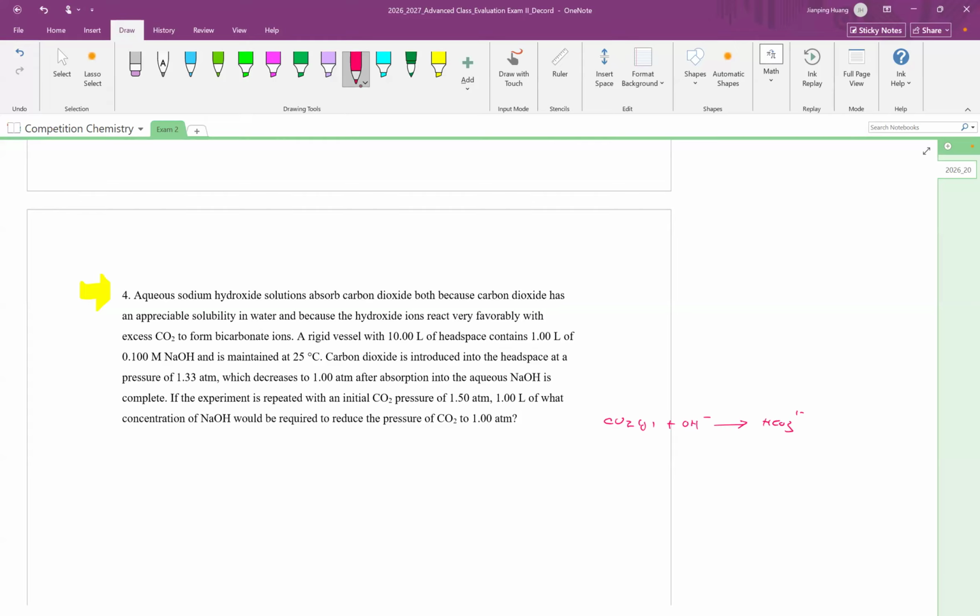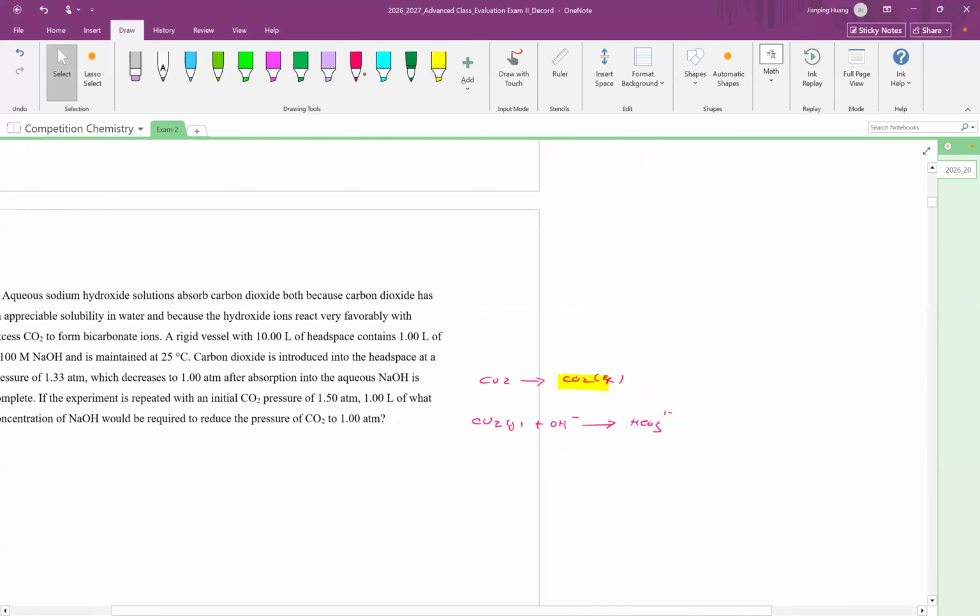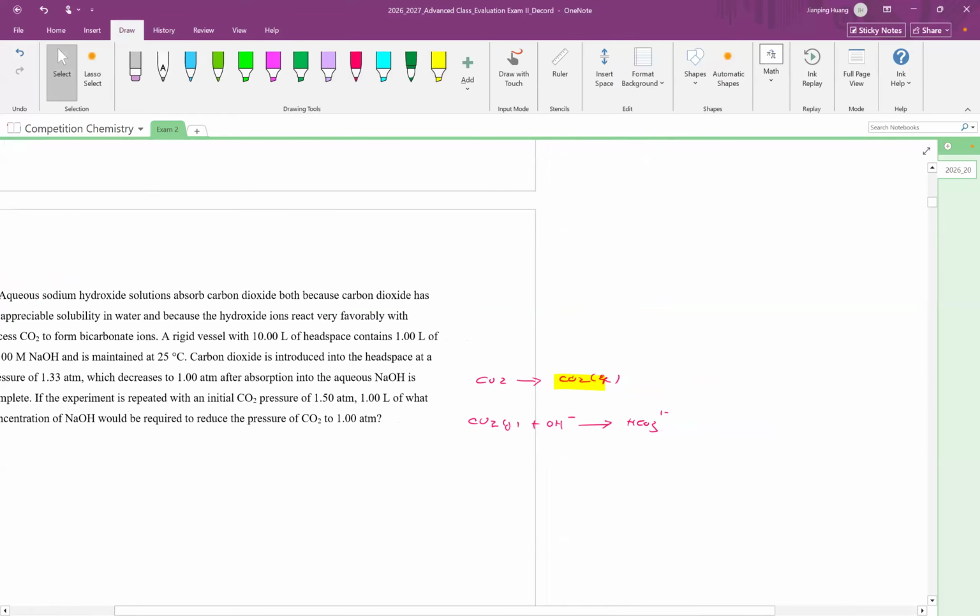And also remember, that's the reaction. Also, carbon dioxide can dissolve in the water, and of course, part of the dissolved carbon dioxide will form carbonic acid, but that process is very small.